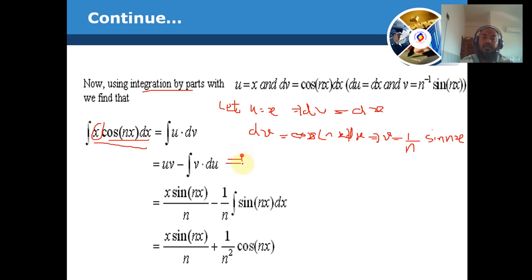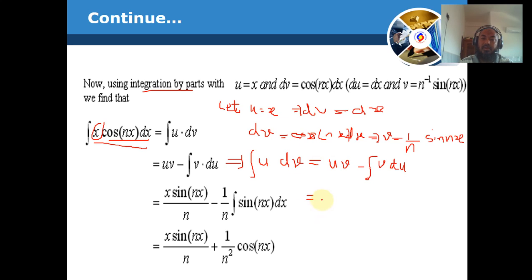So this integration becomes x as u, and cos nx dx as dv. From integration by parts, you will get uv minus the integral of v du.